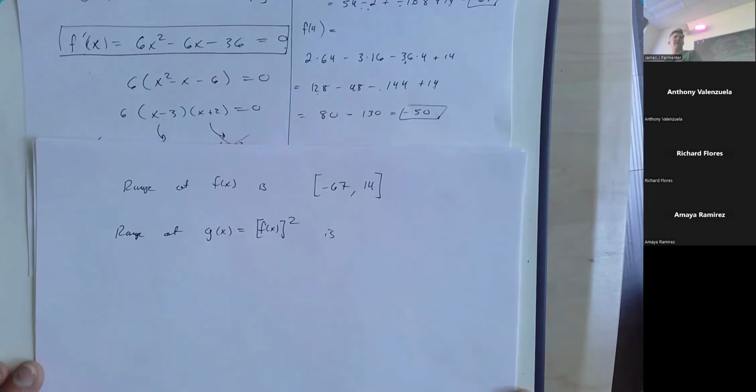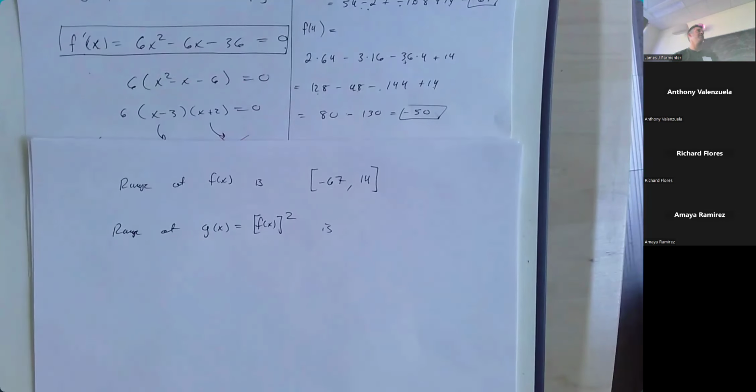What's the lowest value g of x could get? That's the lowest value f of x can get. But g of x is equal to f of x quantity squared, so I can go lower. You should be able to get as low as 0.